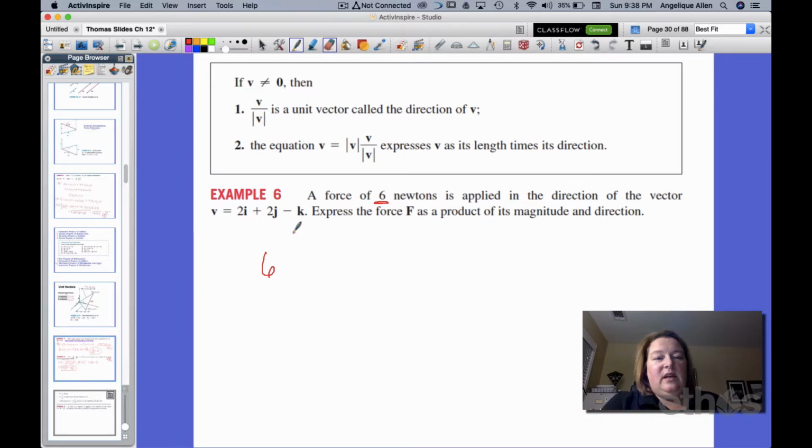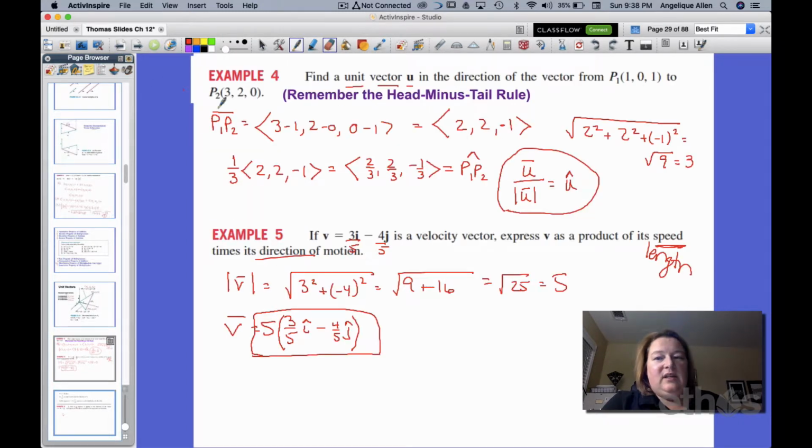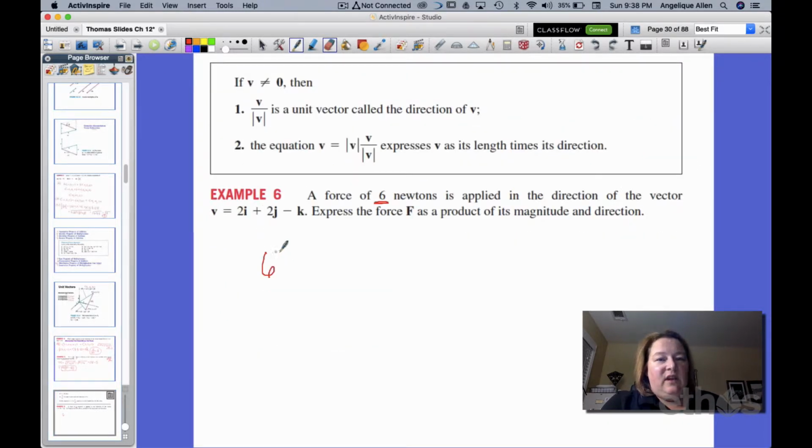Actually, not the previous problem, but this one up here, 2, 2, negative 1, had a length of 3. So if we divided 2i plus 2j minus k, and then we divided its length out, here's what we would have. 6 is its magnitude, so we don't want to say 6 over 3 is 2.